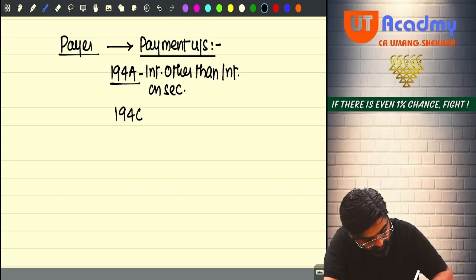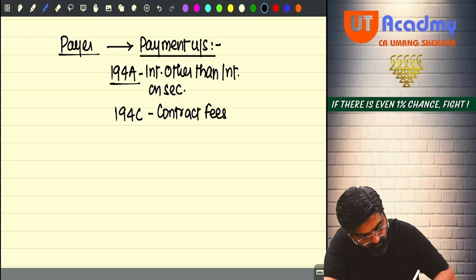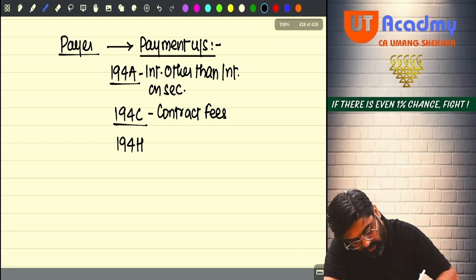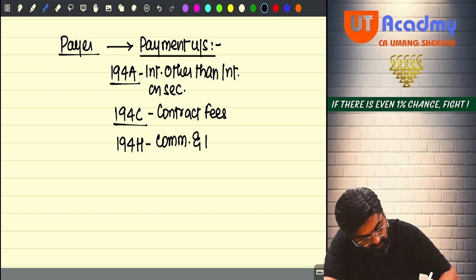Then 194C payment he is making, payment for contract fees. Then 194D, E, F, G, H, commission and brokerage.